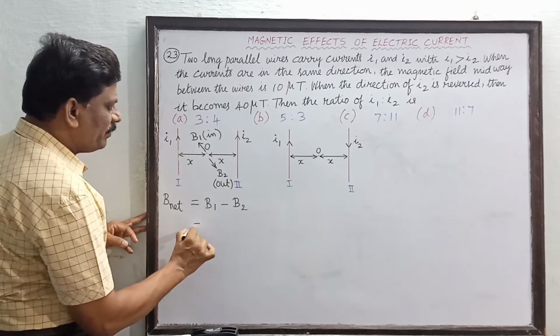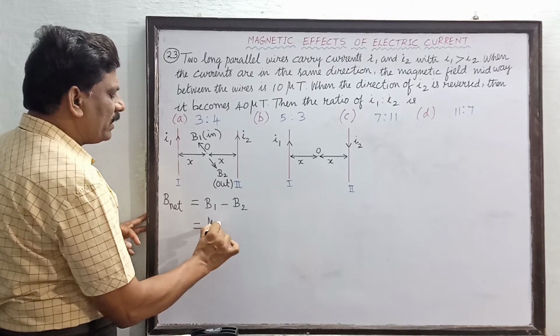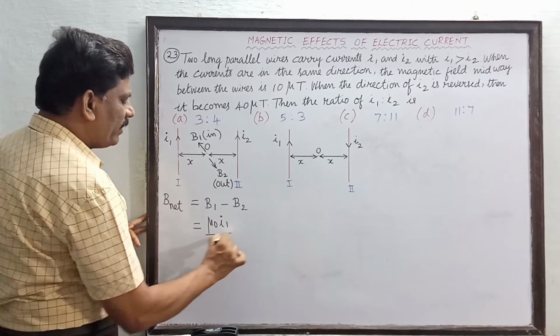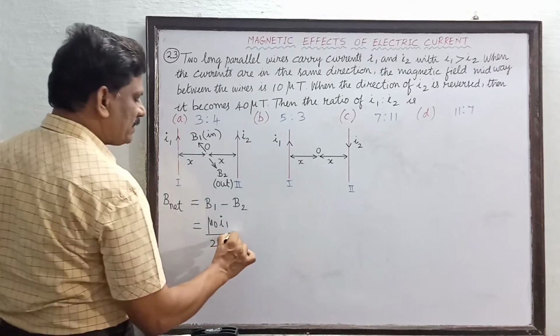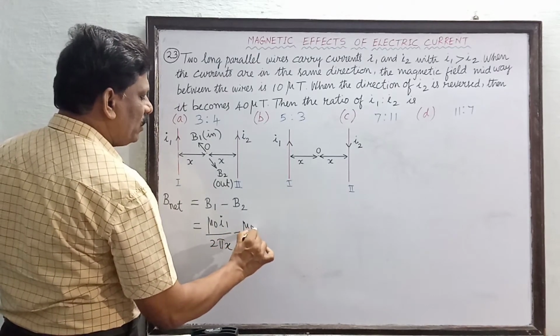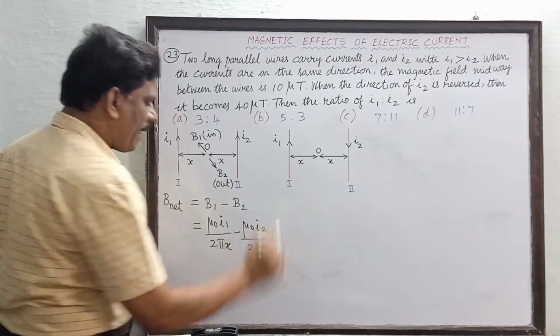The field due to B1 is mu naught I1 divided by 2 pi x, minus mu naught I2 divided by 2 pi x.